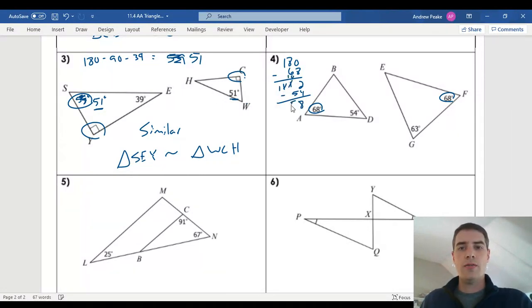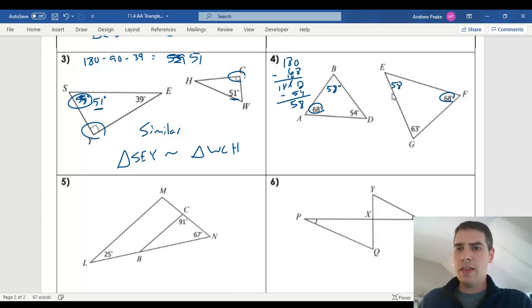We got 58. That sounds right. Or is it 68? Did I do that wrong? I can't remember. 58 or 68. It doesn't matter. Either way, it's not going to work, right? I think it is 58. We'll go with that. I'll check later.